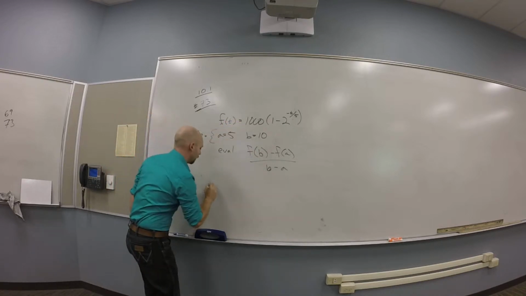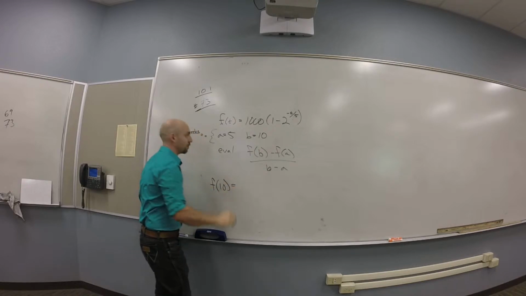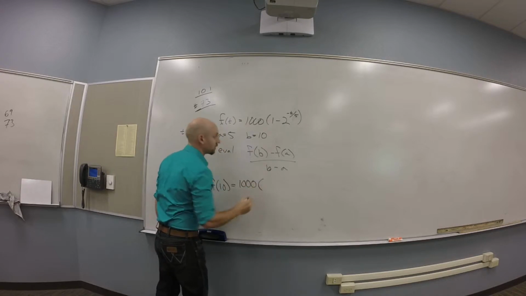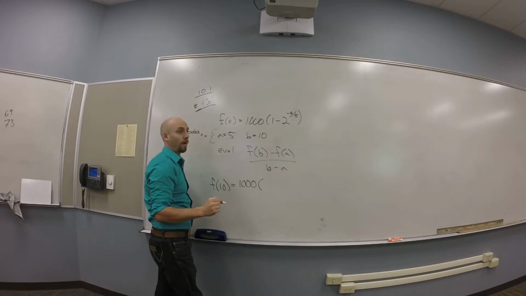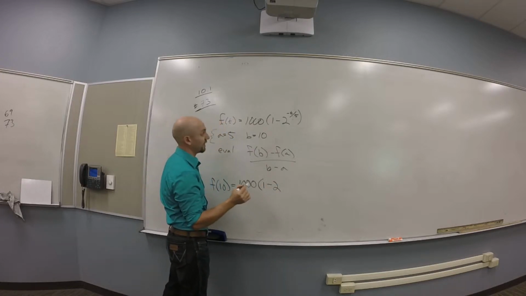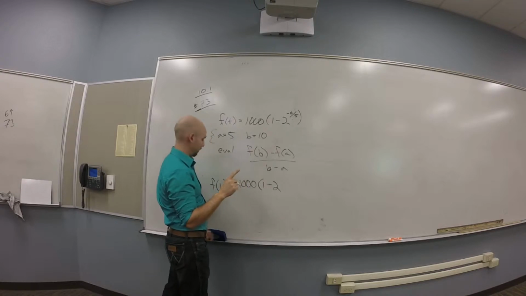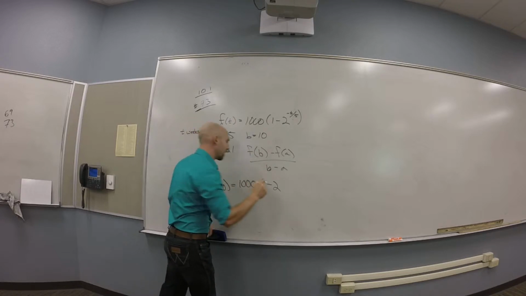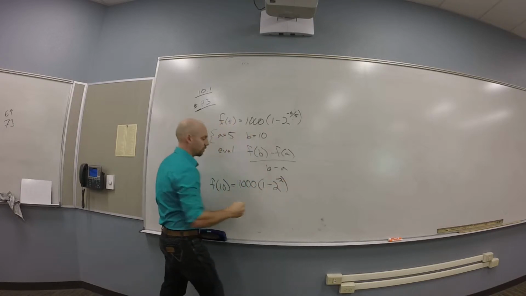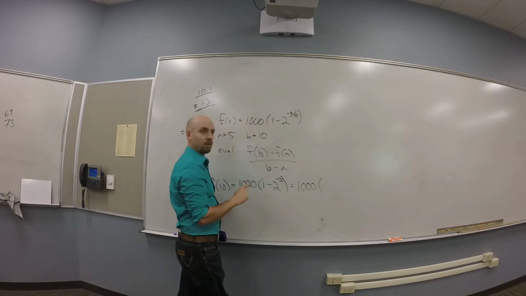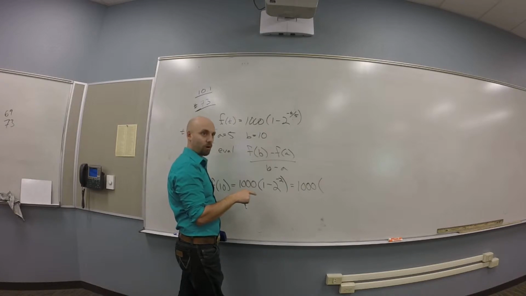So F of 10 is going to be 1,000 times 1 minus 2 raised to the negative 10 over 5. 10 over 5 is 2, so I got negative 2, which is 1,000 times 1 minus 1 quarter.